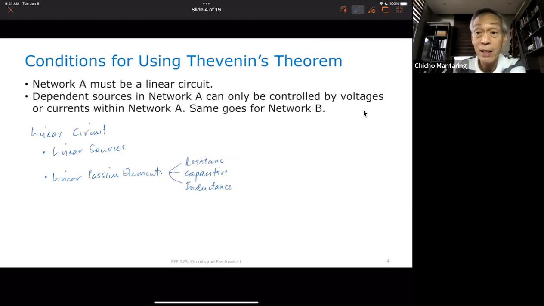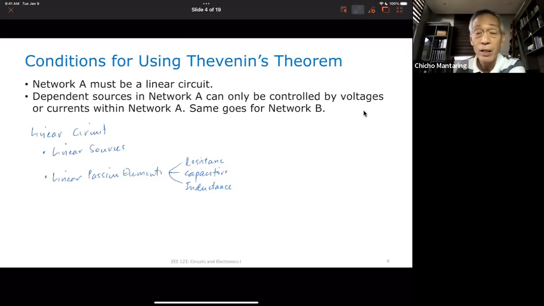Resistance, capacitance, and inductance are linear passive elements. If you have a DC independent source, that is a linear source. If you have a sinusoidal independent source, that is also a linear source. So those are all linear sources.